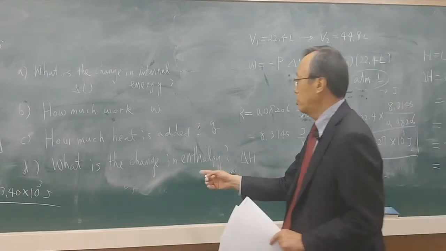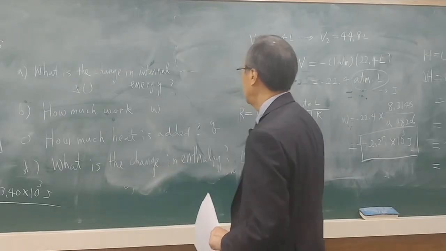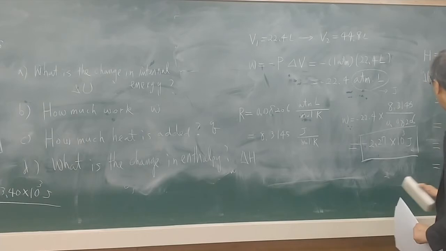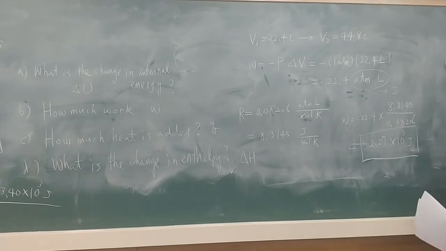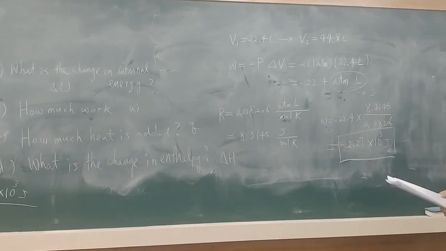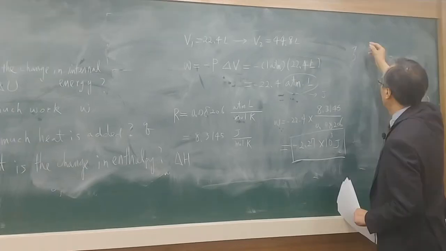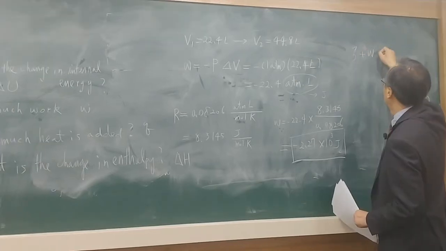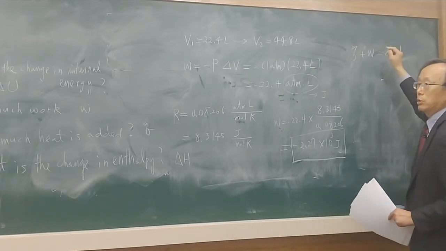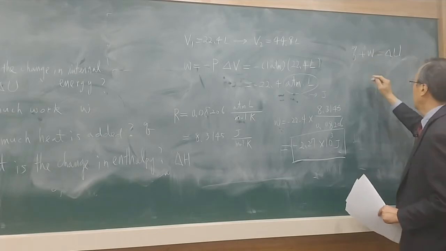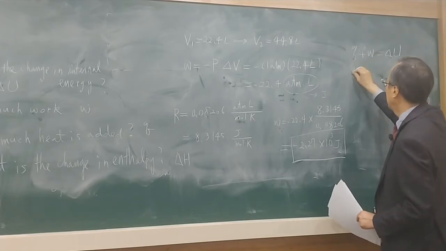So question number C is how much heat is added. How can you get the Q? Q plus W equal delta U. This is the first law of thermodynamics, right? So you can calculate QP at constant pressure.